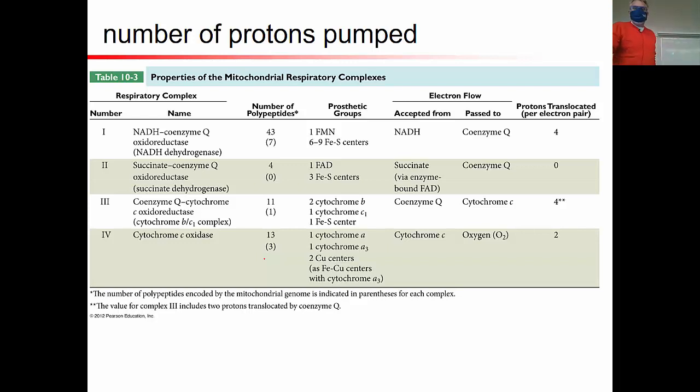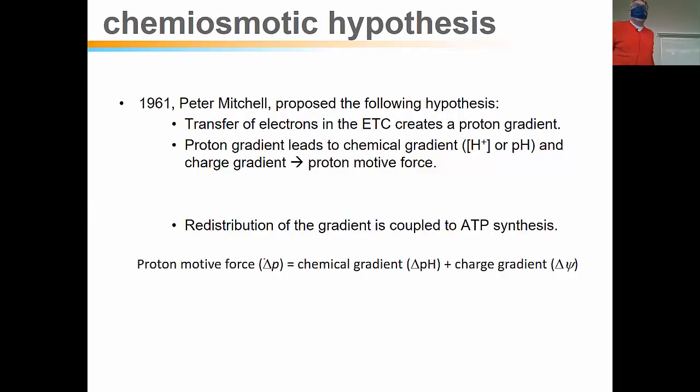So this leads us to what was called the chemiosmotic hypothesis. And this was proposed by Peter Mitchell in the early 1960s, and he won the Nobel Prize for this. And what he reasoned was that there is this process called chemiosmotic coupling. And what happens is that we have one process, this electron transport chain, that's moving protons.